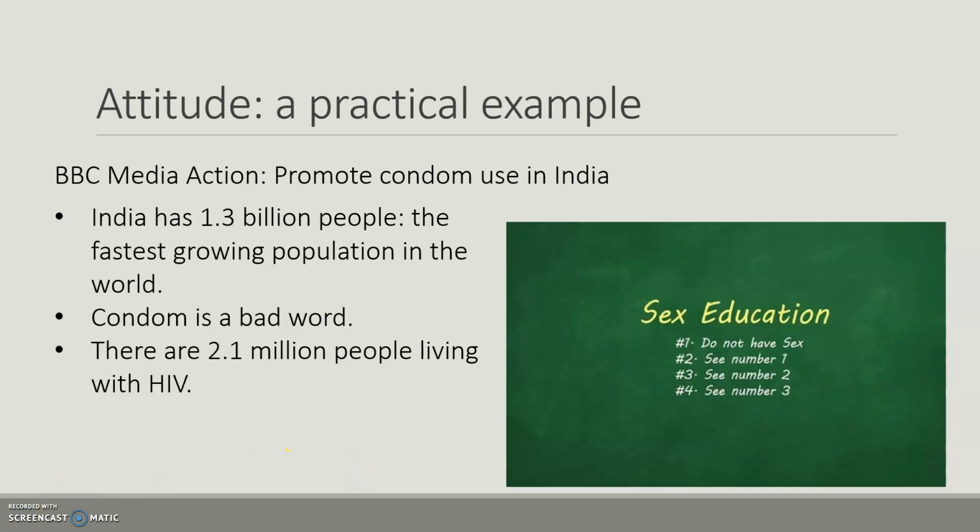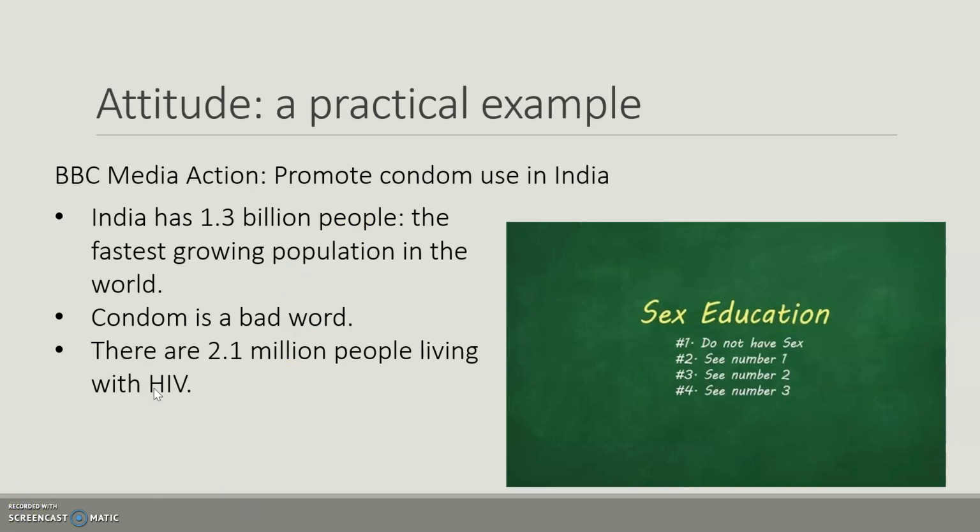And right now, India has 1.3 billion people, which is the fastest growing population around the whole world. And people don't use the condom, they don't talk about it. The condom is a very taboo and bad word that people are not supposed to mention.